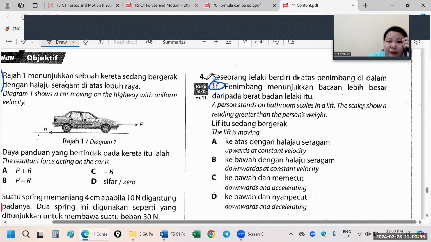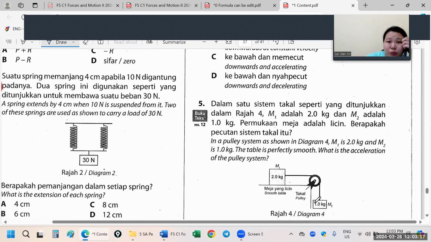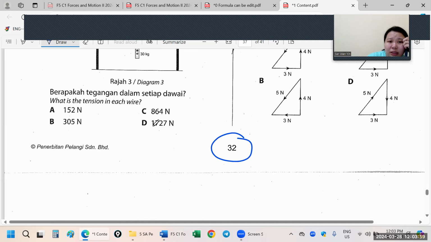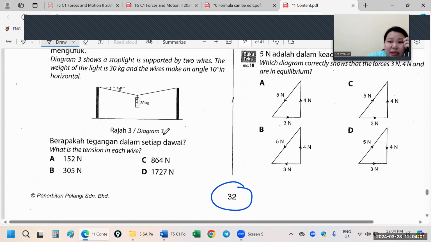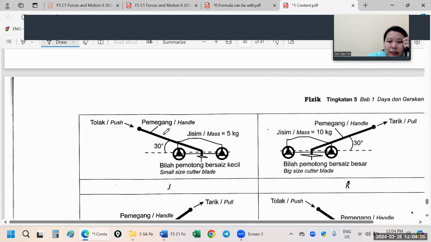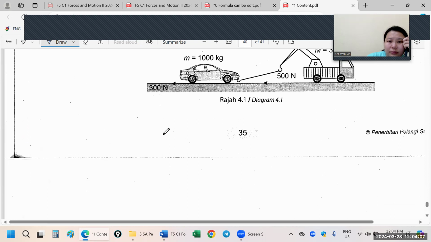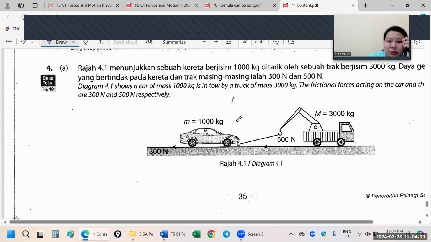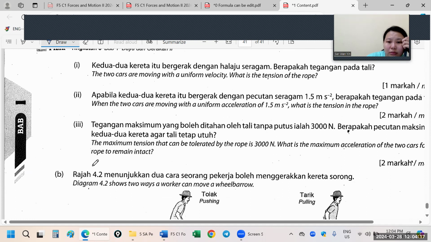Got lift, got pulley, got balancing. Also see page 35, number 4, until here.